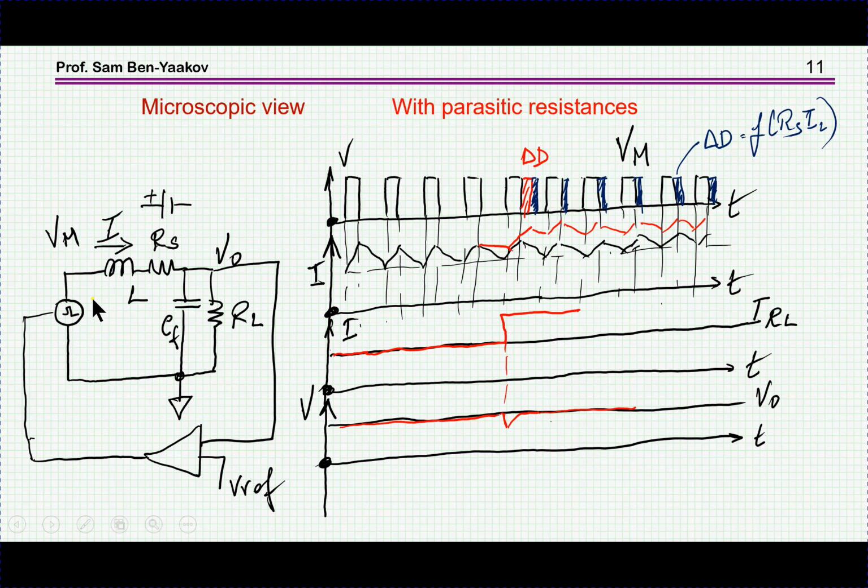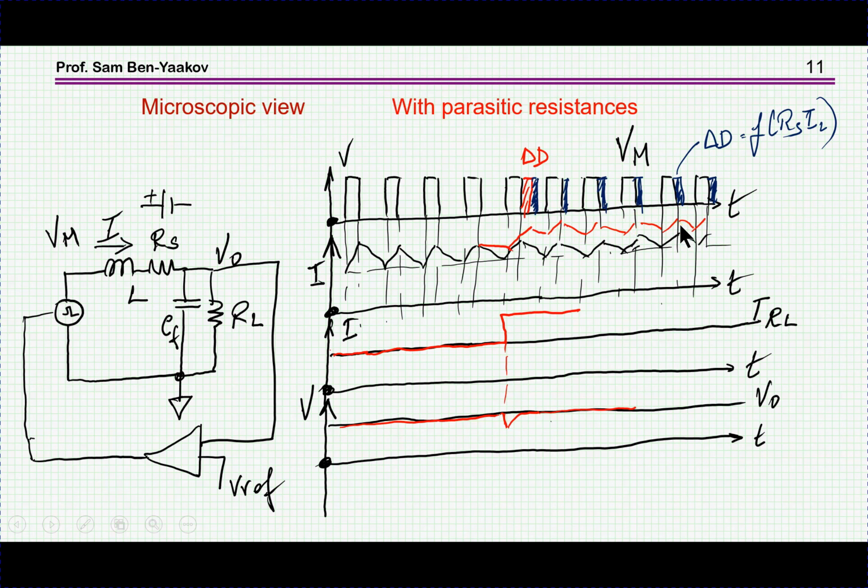That is, we need a somewhat larger duty cycle, because now it's V out plus some voltage, which is a bit higher than before. So this momentary change in duty cycle will bring it up, but then this deviation due to the voltage drop will continue, and the picture will look about the same.